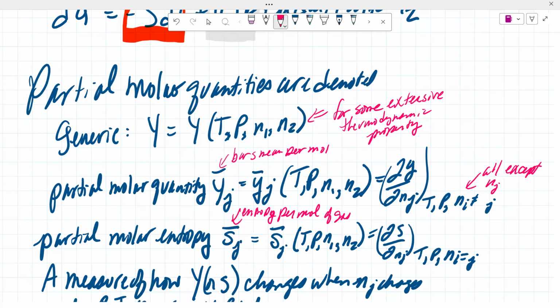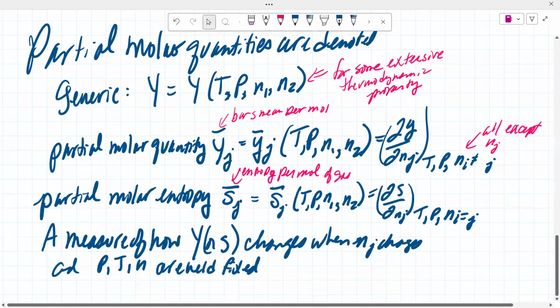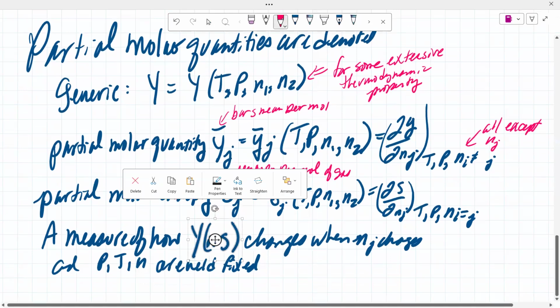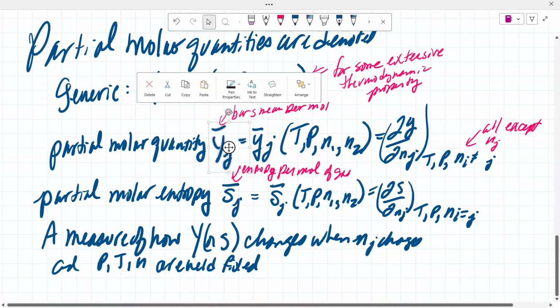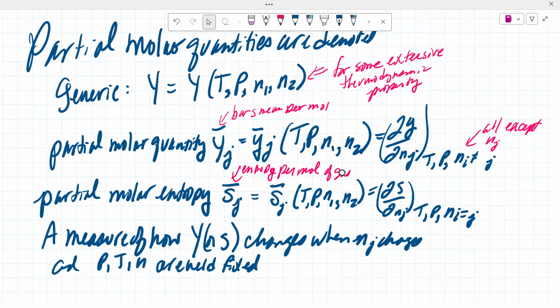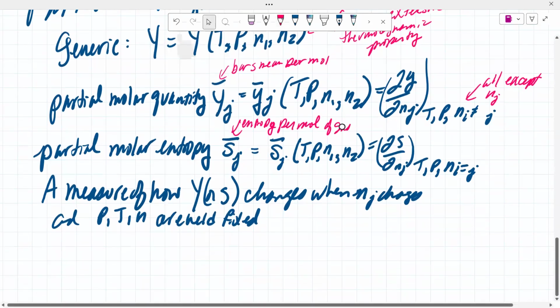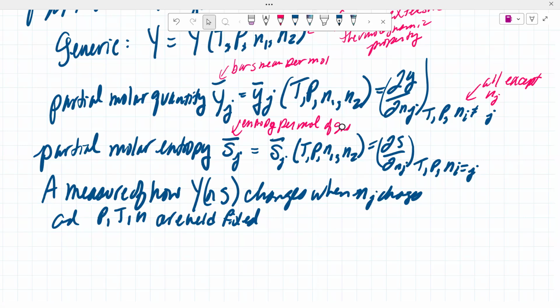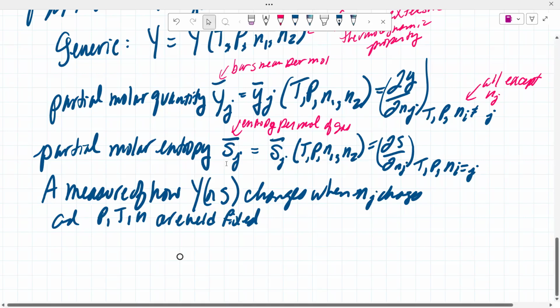So here we wrote this generic thing, and then we wrote it for some Y_J, some particular instance. But that's still not a specific thermodynamic property. So we picked entropy. Y means some thermodynamic property, and entropy is the one that we picked. So we wrote it in the generic form, and now we wrote it for entropy.